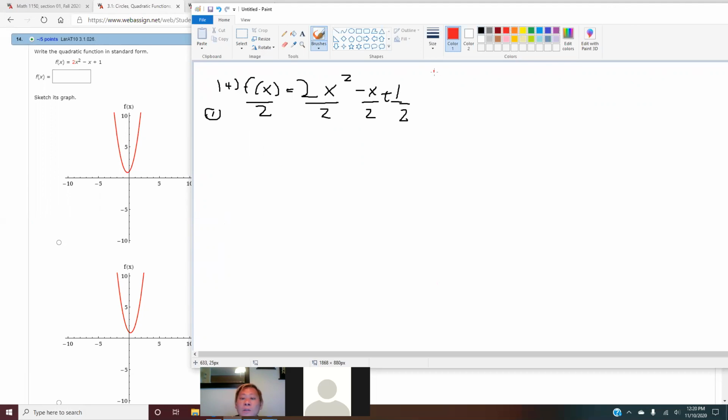Second step is to move the non-x terms to the other side. So what we have in this case is f of x over 2 minus 1/2 equals x squared minus x over 2. So we are doing step 1 and step 2 in one step here.